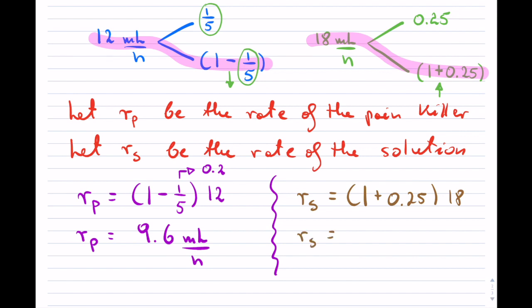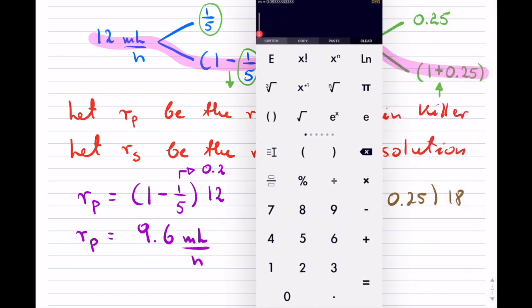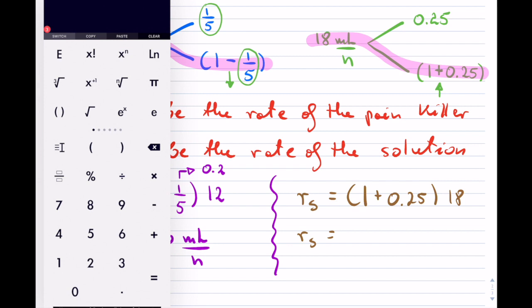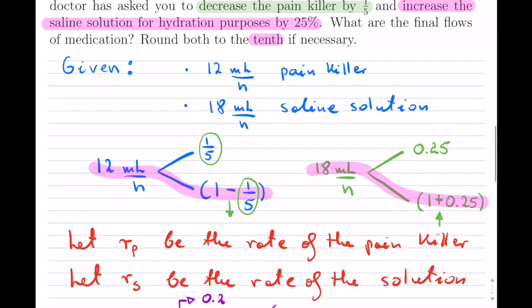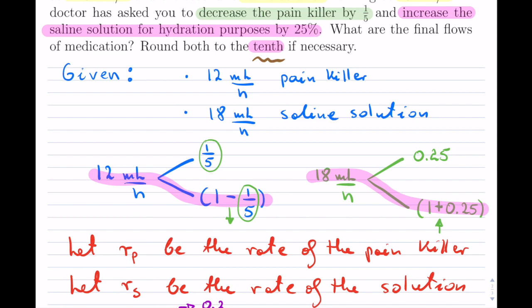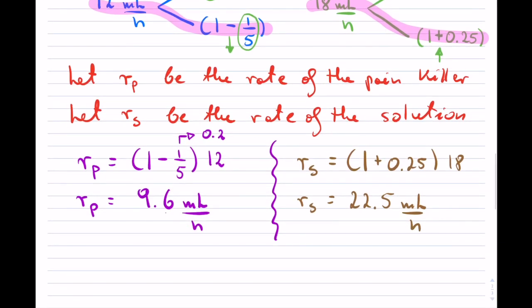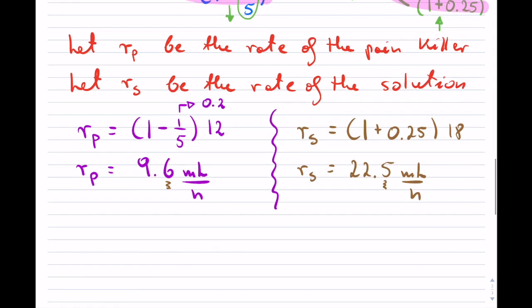And that equals 1 plus 0.25 in brackets times 18. And that's going to be 22.5 milliliters per hour. Okay, so let me just check. They want this to the 10th, and they're already actually to the 10th. So that completes this question.